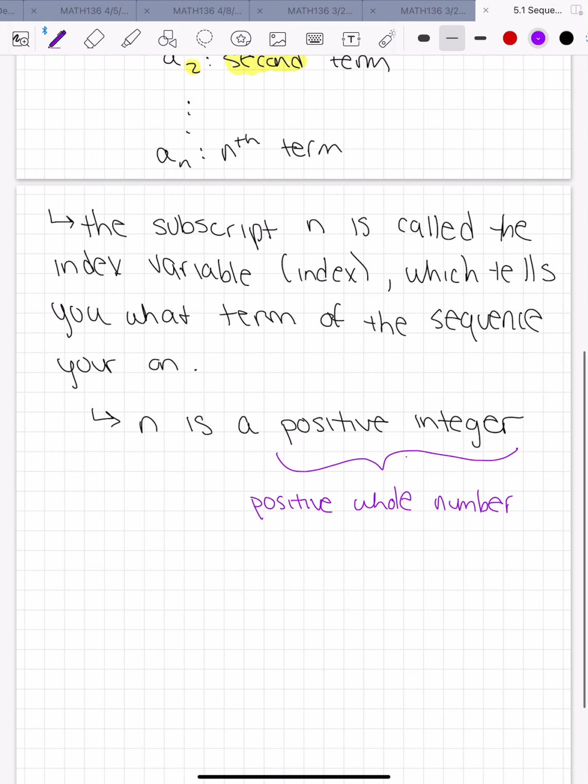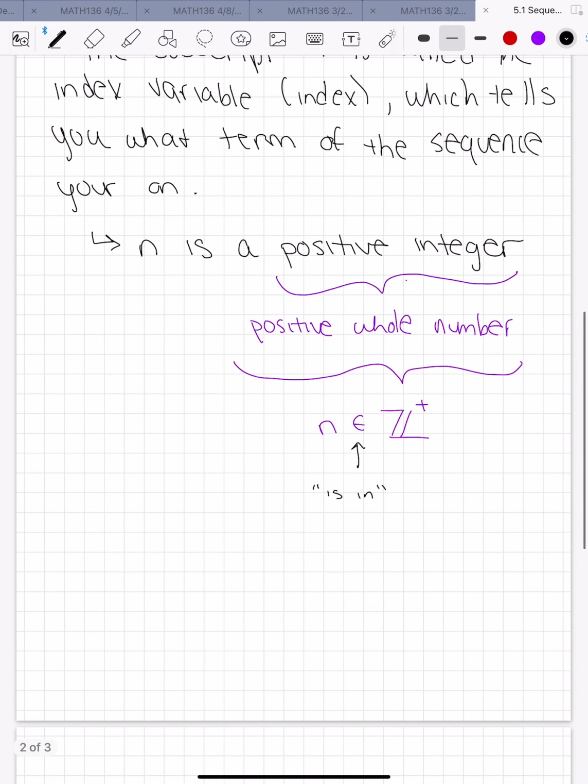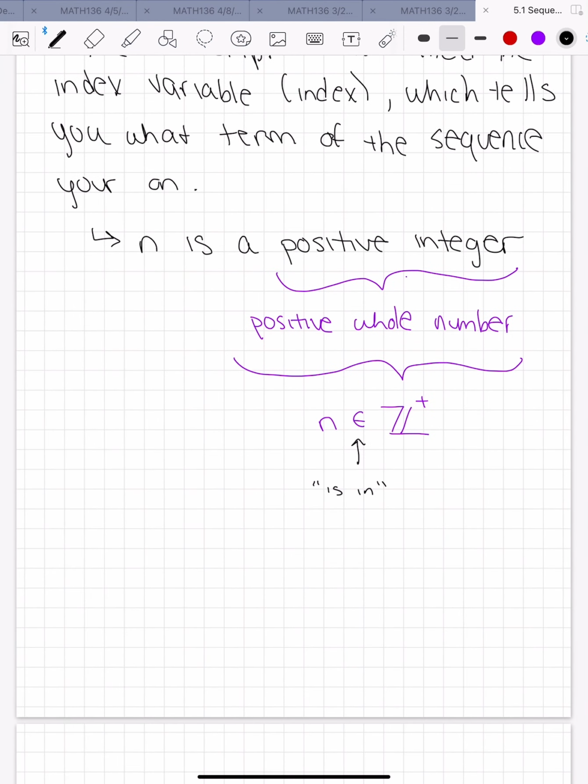The notation that we use for integers is the boldface Z. That's all of the whole numbers. If we want to indicate that it's positive, we put a little plus superscript there. So the notation is that n is in Z+, and this little symbol means 'is in' in math.